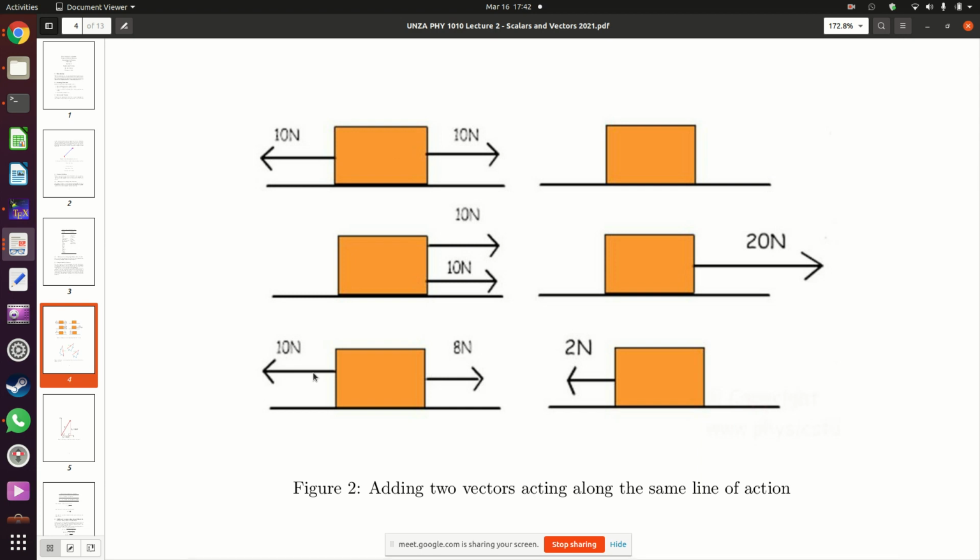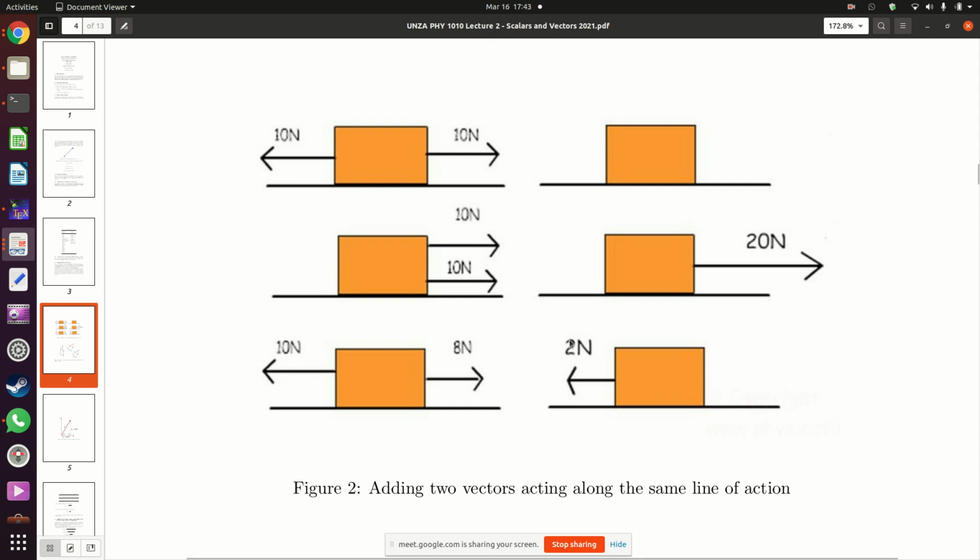You have to choose which direction is going to be positive, then which direction is going to be negative. The vectors pointing in the positive direction are given a positive sign, those pointing in the negative direction are given a negative sign, then you add them: plus 10 newtons plus minus 8 newtons, that's just 10 minus 8 newtons, and you get yourself 2 newtons.